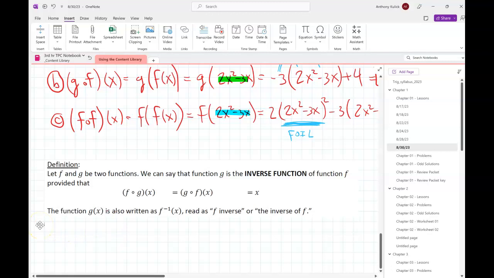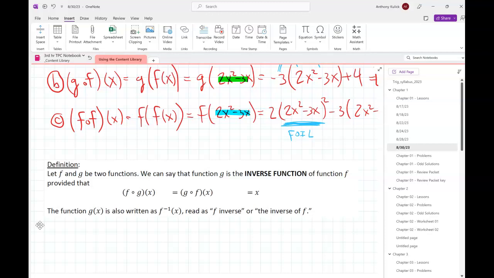So we say let f and g be two functions, and we say that g is the inverse function of f, provided that f compose g of x is equal to g compose f of x, which is all equal to x.